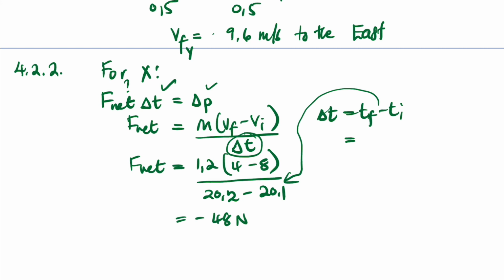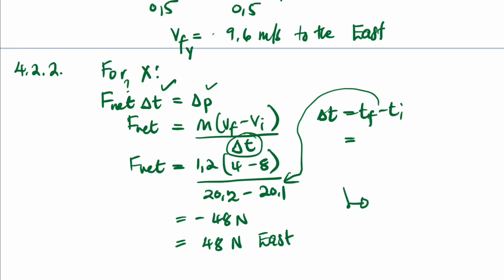Right? We're looking for a force, but this force, guys, is the force that trolley X experiences from trolley Y, but we are looking for the force that trolley X exerts on trolley Y. So it's going to be 48 newtons. In which direction? East.